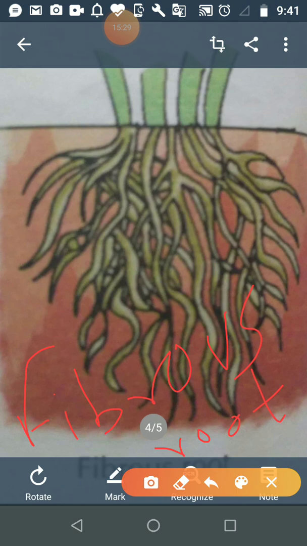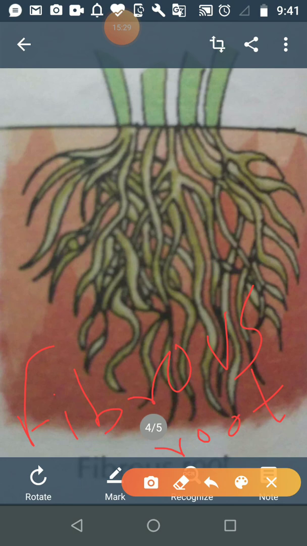And in a fibrous root, what happens? It consists of many roots. It means a fibrous root does not have a main root. Note down this in the copy. A tap root has a main root and many small roots grow from the main root.